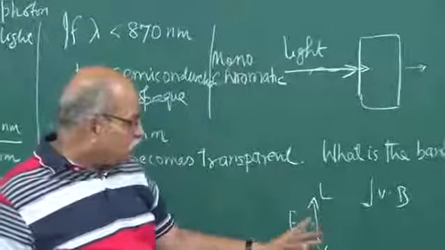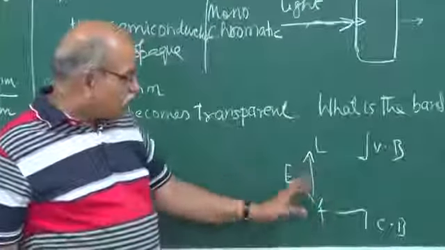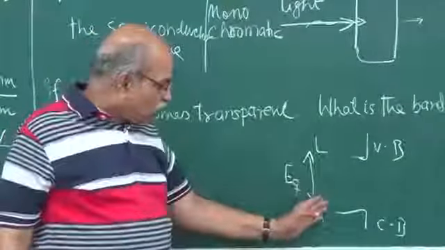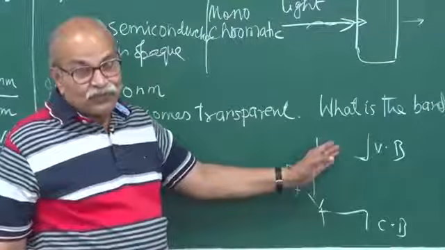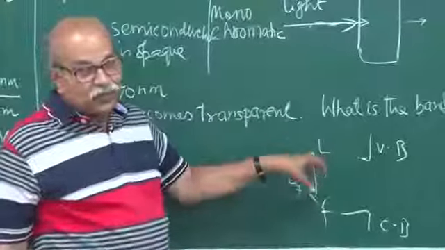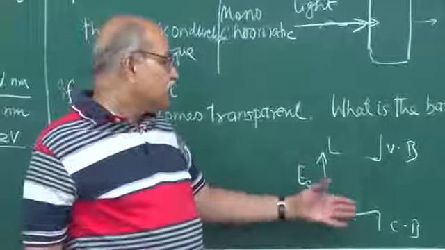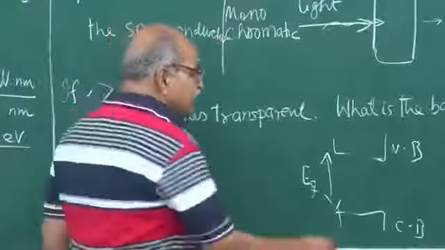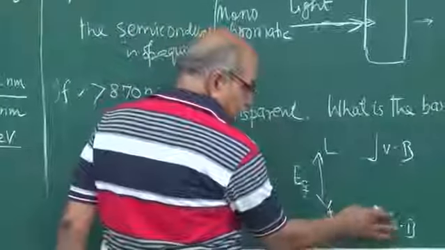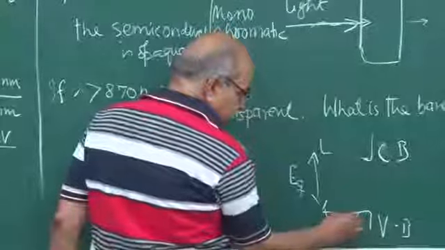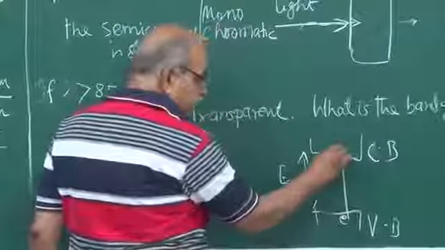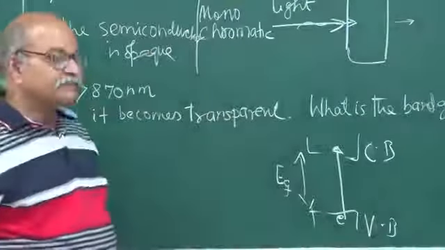So absorb means what, and how can it absorb? It can absorb if the band gap is 1.42 eV. Then this photon of 1.42 eV can get absorbed and can take an electron from this valence band to this conduction band.